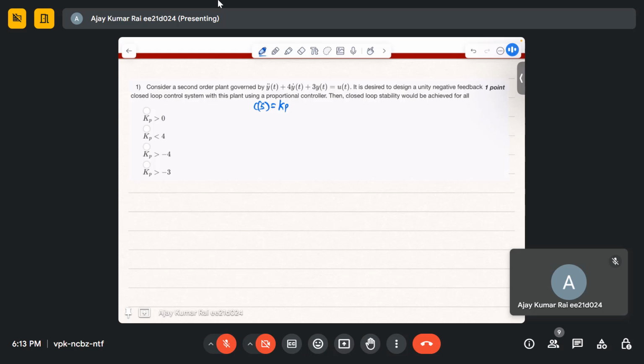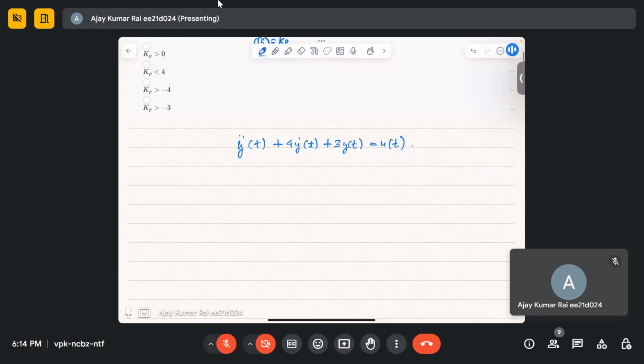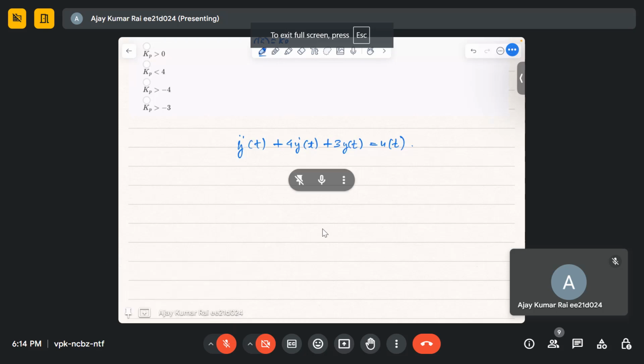Closed loop stability will be achieved for which values? This is the plant equation. Let me first find the transfer function by assuming the initial conditions to be 0. That we all know.